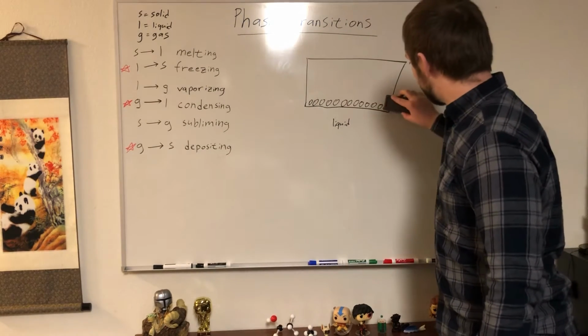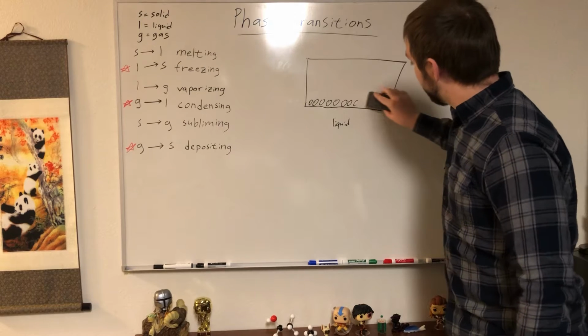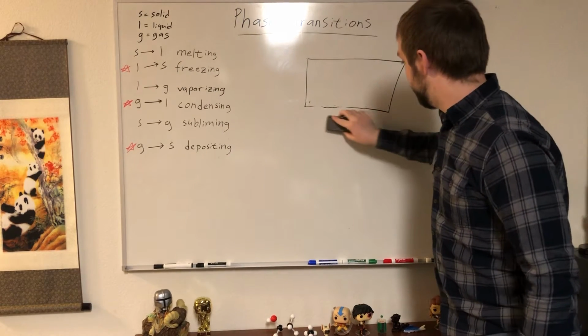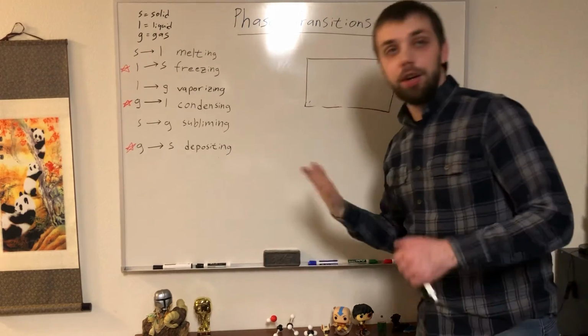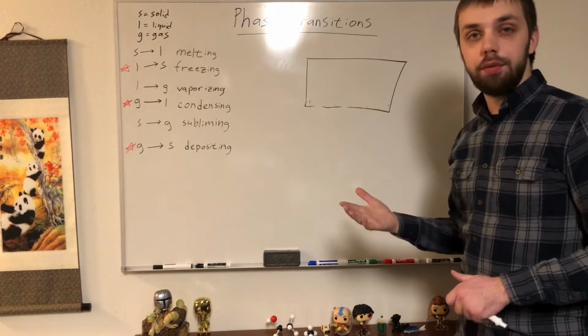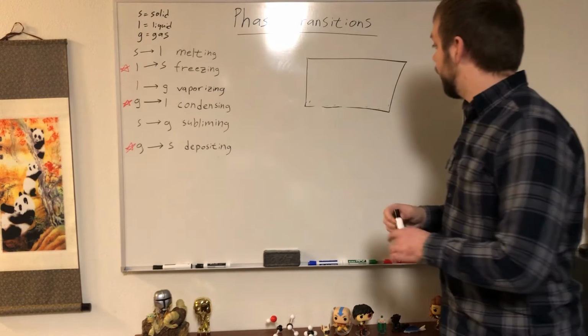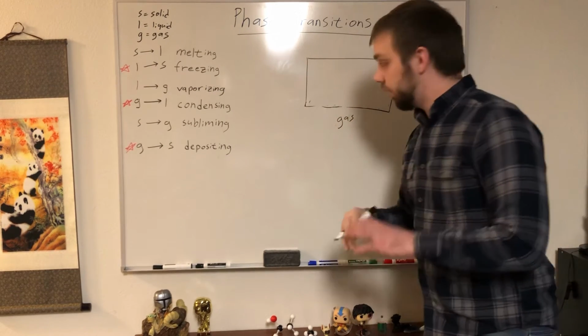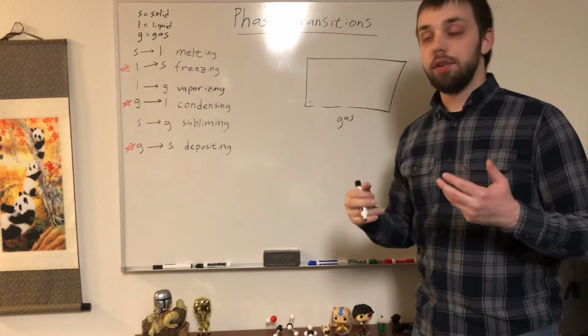Now, something that you don't see very often, but you need to live, is gases. You can think about air. Air has oxygen, which is required for life, but you don't really see them. But they are also a state of matter.